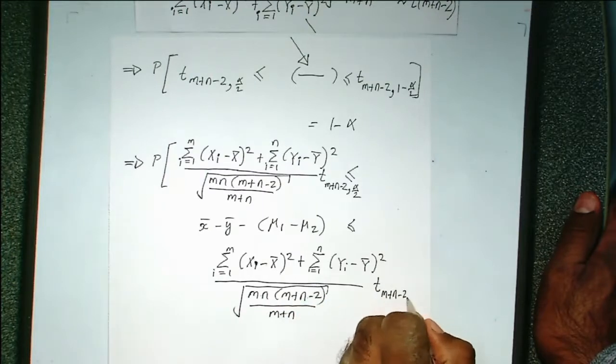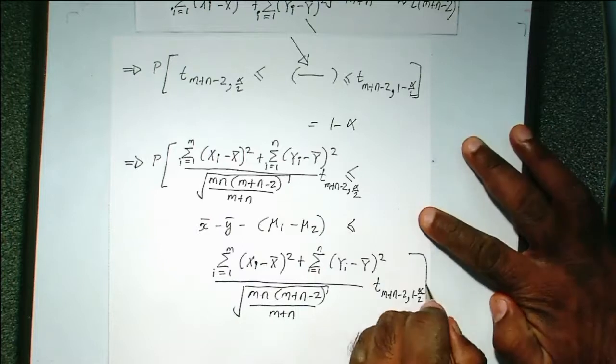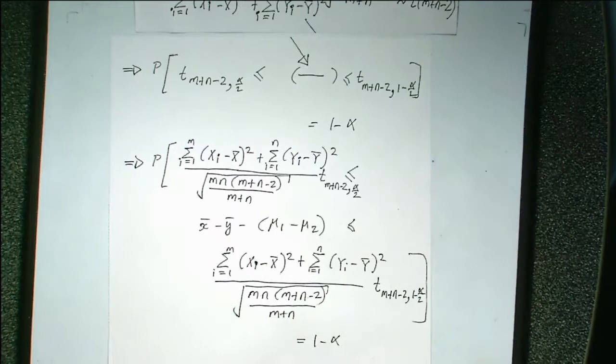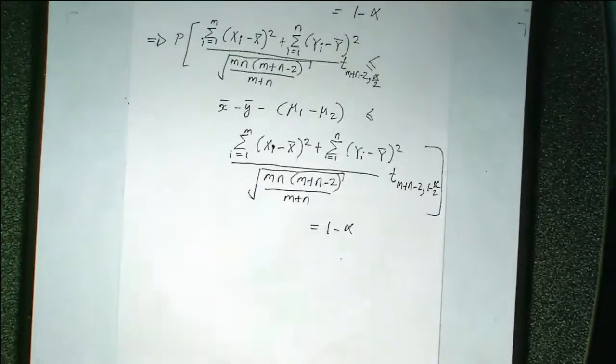Anyway, so this nasty thing would be equal to 1 minus alpha, right? And if you rearrange this thing, I'm not going to do the remaining steps because it will take forever. So I just want to write down the final answer, right?